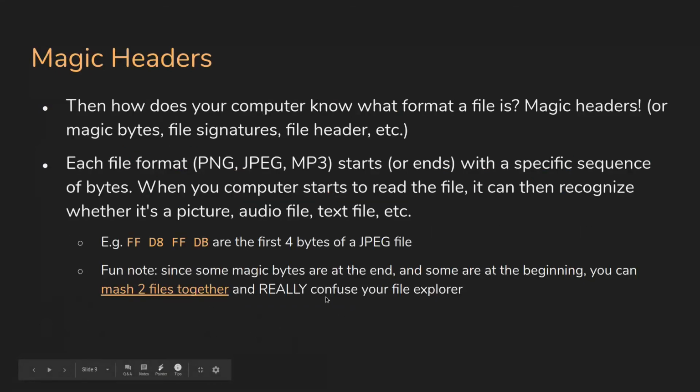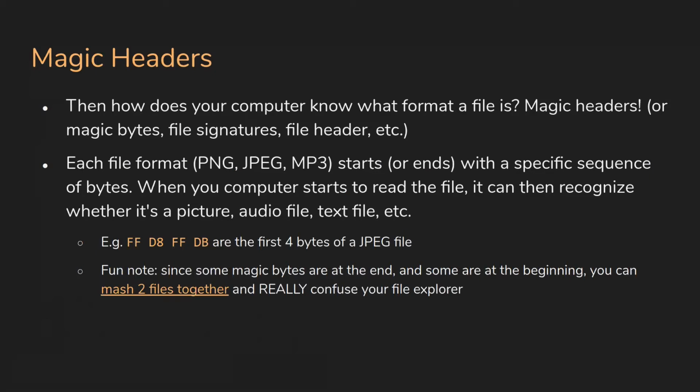So how do computers actually know what type of file it is without looking at the file extension? There are these things called magic headers, also known as magic bytes, file signatures, file headers, any combination of those two words. Essentially, for every specific file format, there is a unique set of bytes that has to be in a specific position in the file.